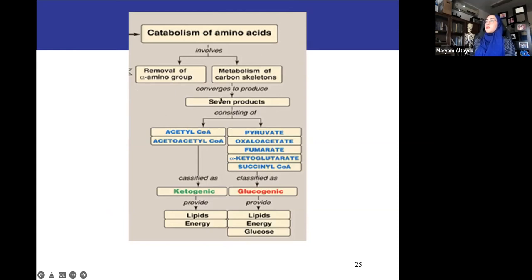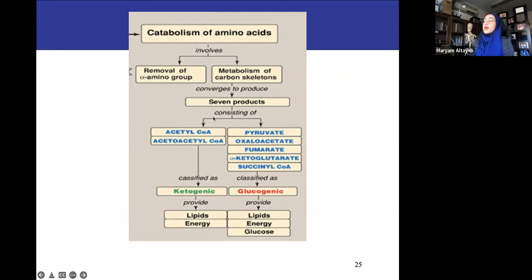Now, the reason these products are important is because we said we can use these amino acids for energy. There are different forms of energy: you can break down fats, and you can also break down sugars like glucose. Specific things like acetyl-CoA and acetoacetyl-CoA and their derivatives are classified as ketogenic because they can be used in the process of ketogenesis, and those usually provide energy from lipids.